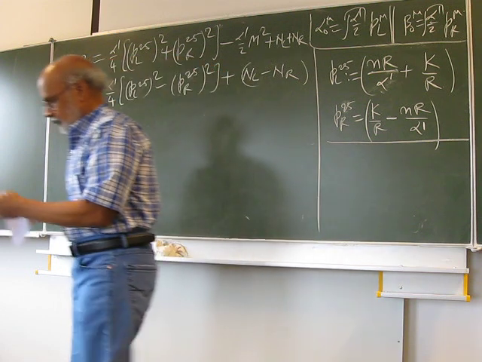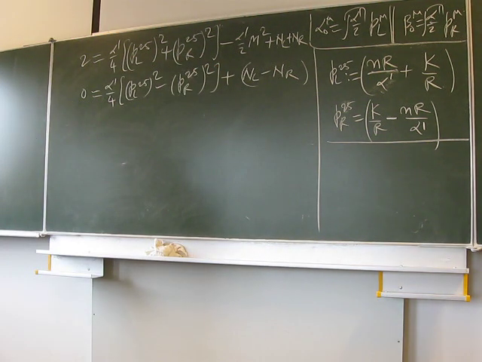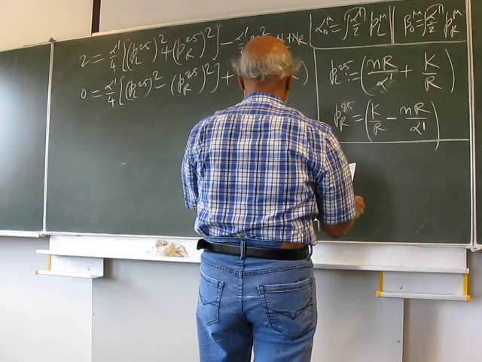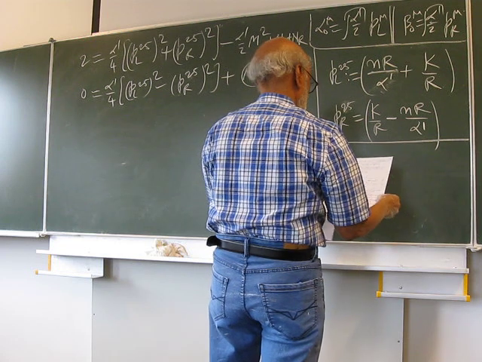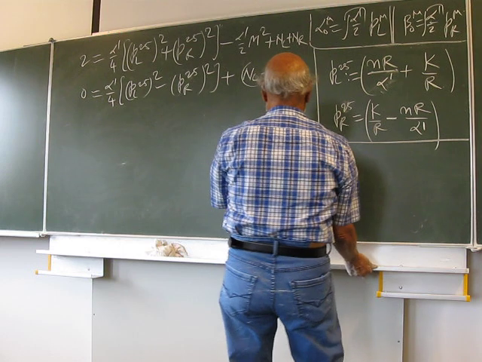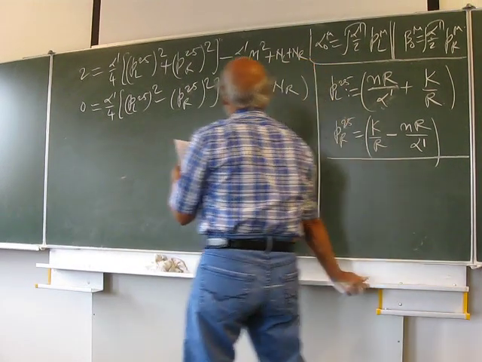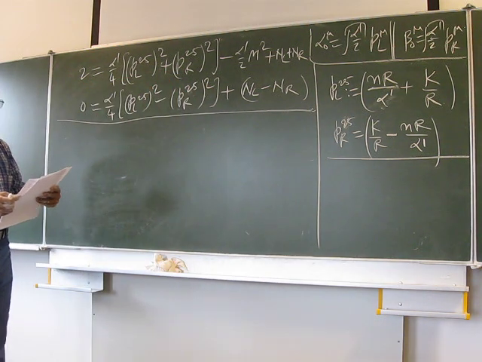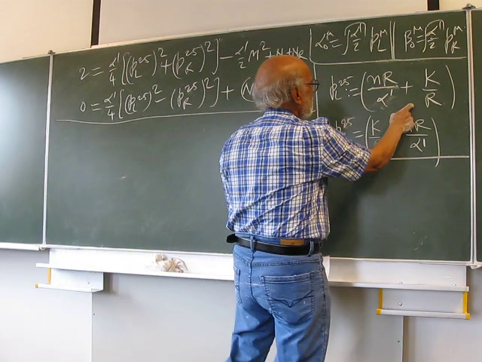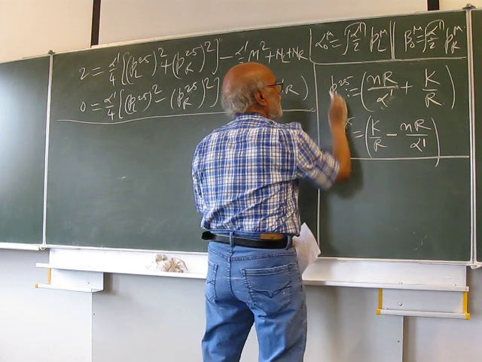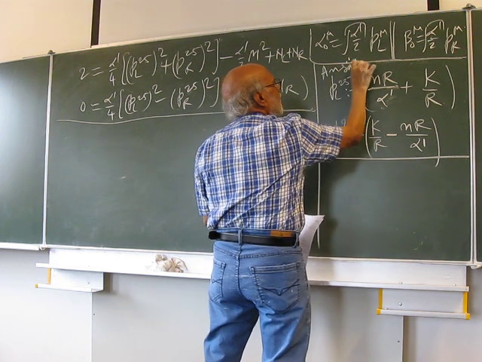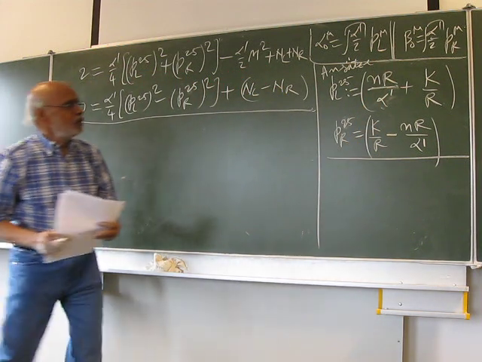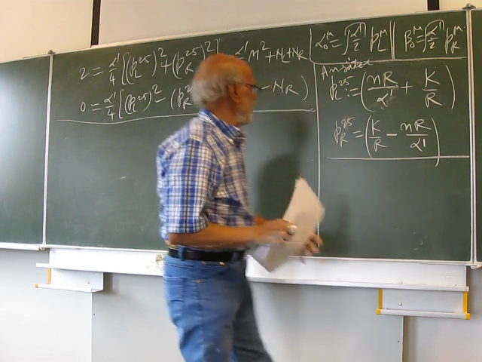And now if I define PL25 by this, I make these two adjacent. PL25 equal to this and PR25 equal to this.